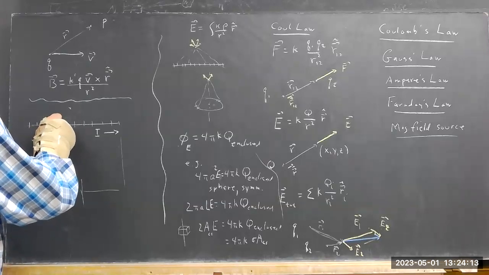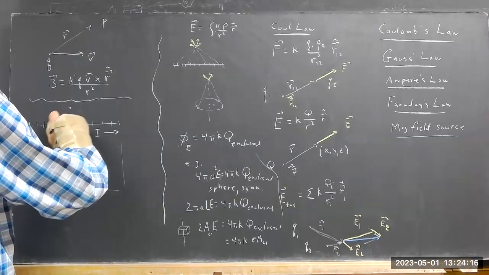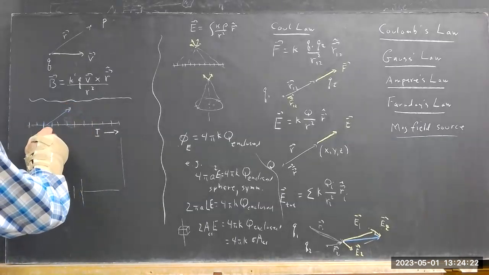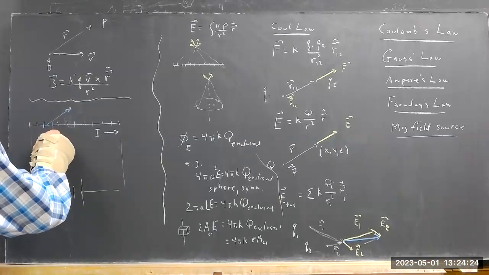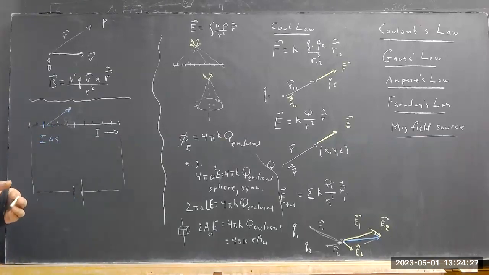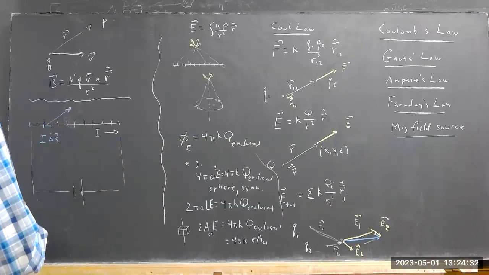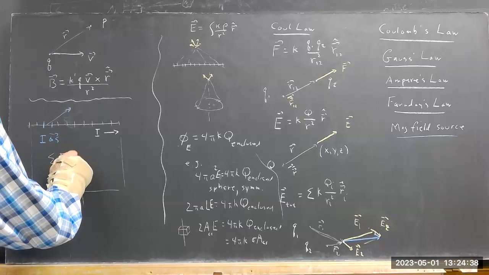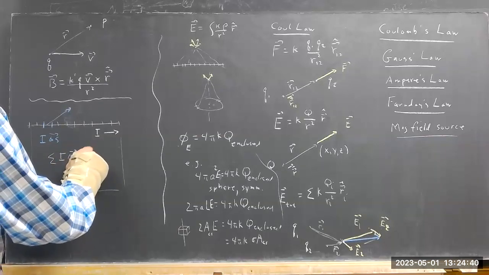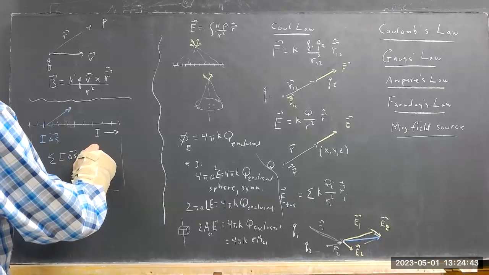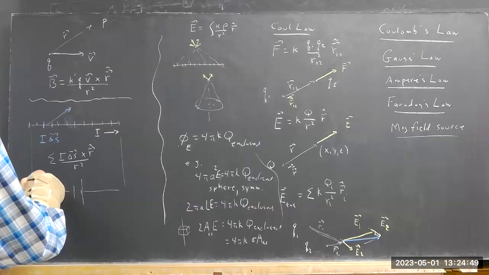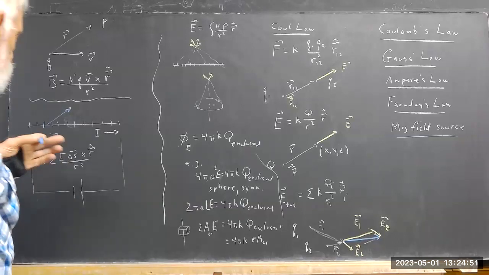You take a typical element, get your R vector, get your I delta S. And the delta S is a vector quantity, and you calculate the vector quantity.